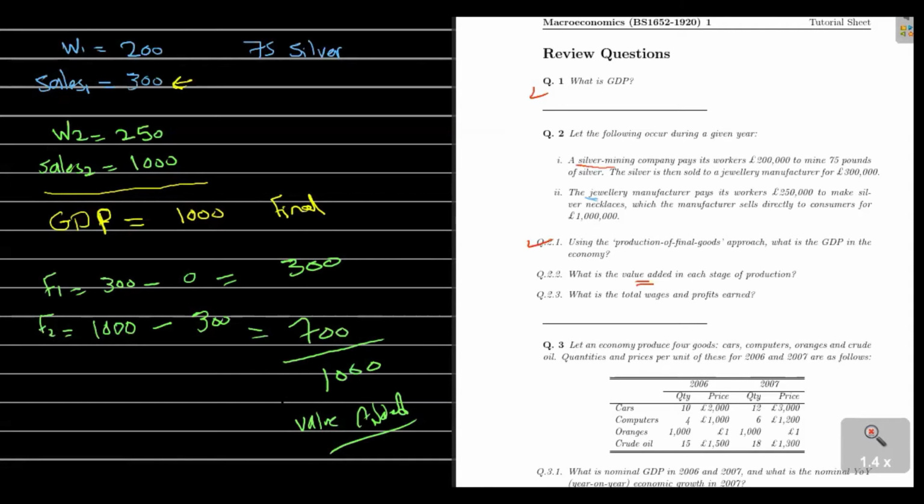So either you calculate GDP according to the value of final products approach, or you just count the value added and sum it all up. That should give us 1 million, exactly the same answer. So is that clear? Okay, so why did we not consider wage? Because wage here is not an intermediate good. Wage is the return on labor.